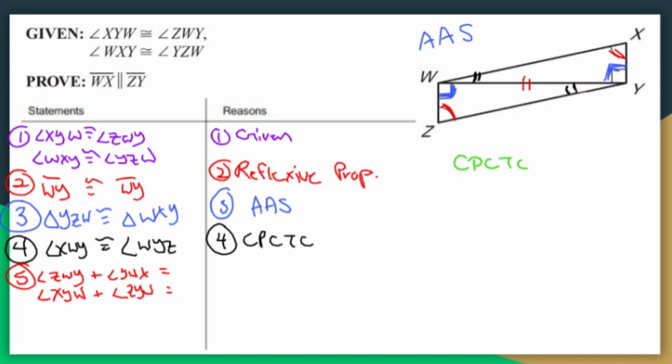Nope. And the reason for that is a bunch of substitution that I did up here without doing a whole bunch of substitution. So my reason for that is substitution property.